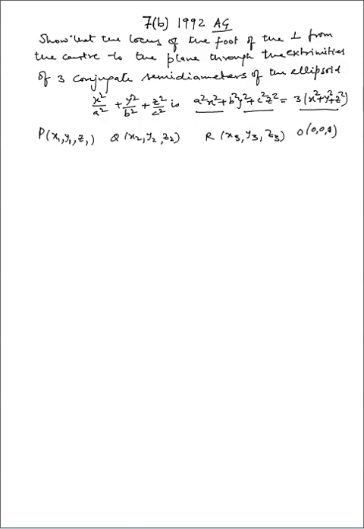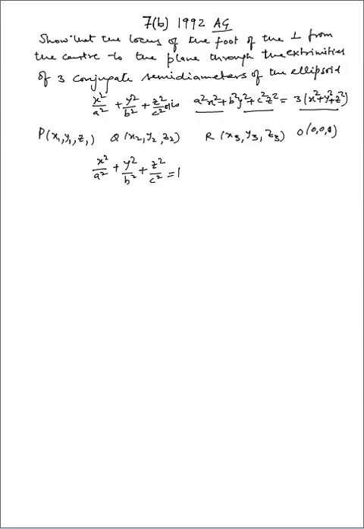These 3 points will lie on the ellipsoid. It means they will satisfy this equation: x square upon a square plus y square upon b square plus z square upon c square is equal to 1. So x1 square upon a square plus y1 square upon b square plus z1 square upon c square is equal to 1, and similarly for x2, y2, z2 and x3, y3, z3.